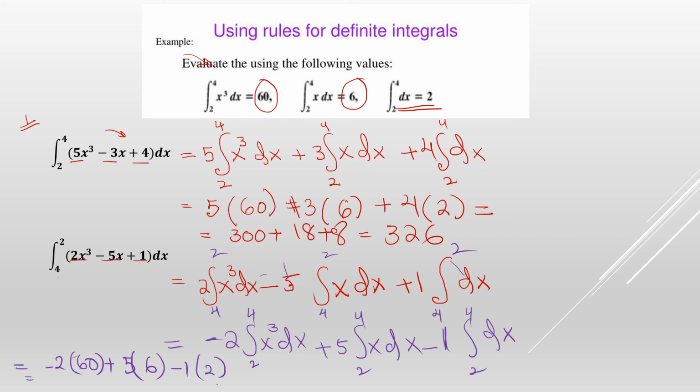It will give you negative 120 plus 30, which is negative 90, minus 2, which gives negative 92. Just use the calculator to check the calculation. So in this way we use the properties of definite integrals. In the next part we will see more examples of it.